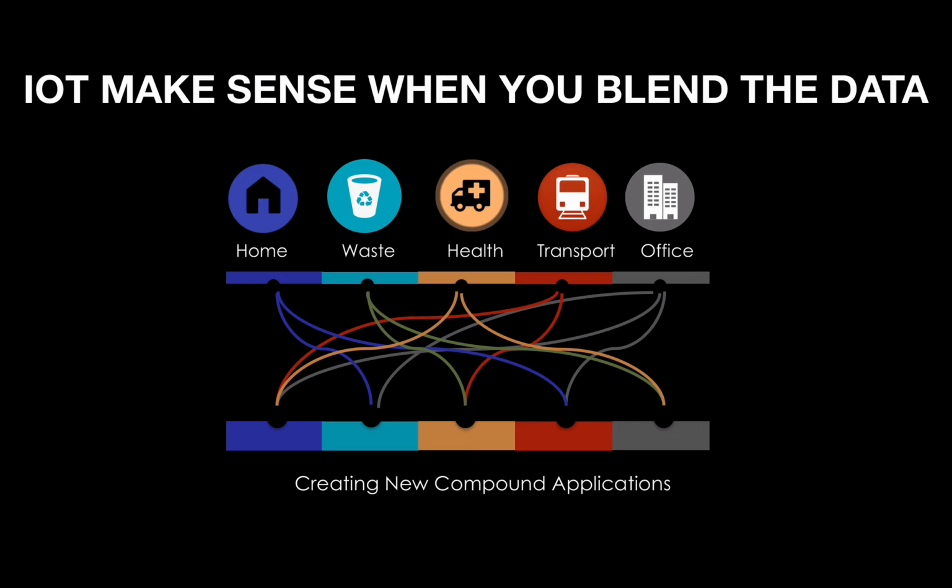I'll give you an example. If you have data from waste, health and transport, what does it mean? You can identify the area of a waste problem and the location of the problem, and correlate this with data from the Ministry of Health regarding how healthy the area is, and whether there is an outbreak of any disease.